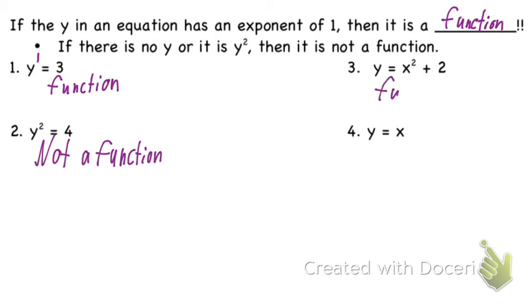But wait, the x has an exponent of 2. Doesn't matter. It's whether the y has an exponent of 1 or not. So what are we thinking on number 4 then? Jaden? So on these 4, we're just saying, another way to tell if an equation is a function is what the exponent on y is. So the exponent's a 1, exponent's a 1, exponent's a 2. If the exponent's 1, it's a function. If not, it's not a function.